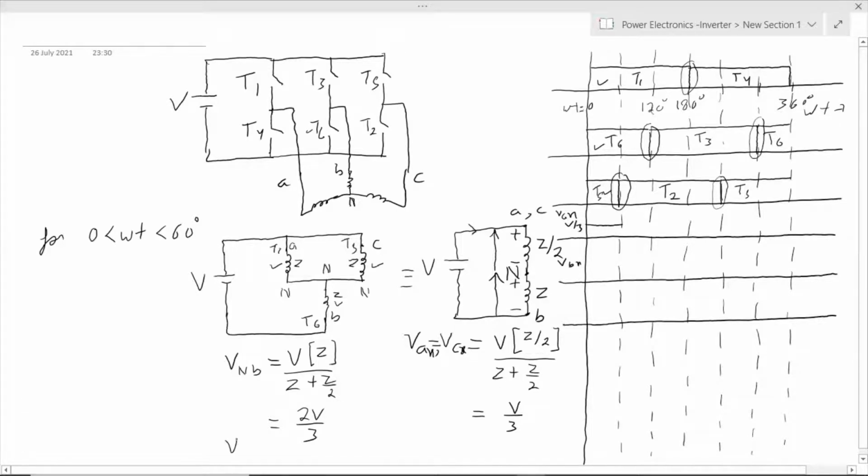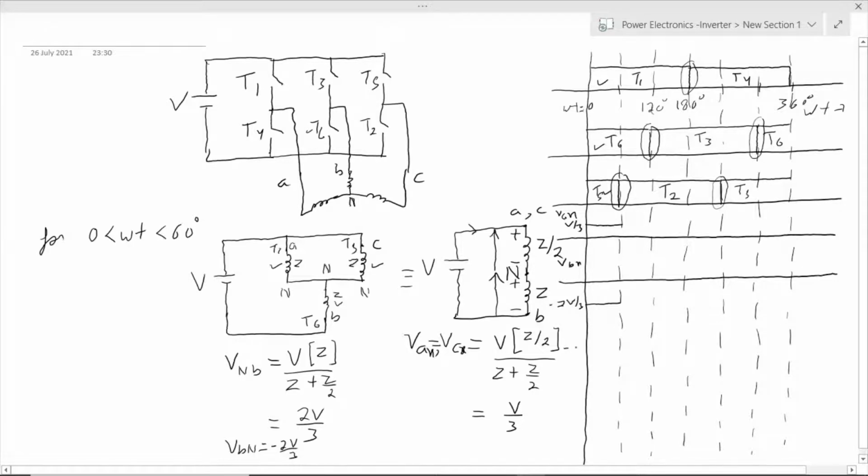So VBN will be minus 2V by 3, isn't it? This is minus 2V by 3. And let me draw VCN a bit below.